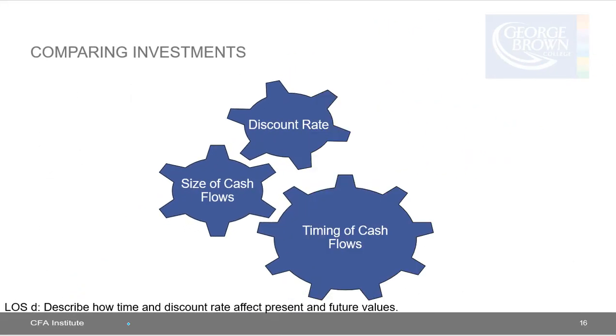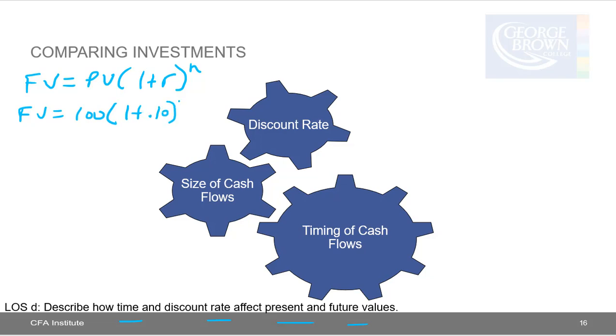So learning outcome statement D is describe how time and discount rate affect present and future values. Let's start with the future value in the example that we've been looking at. Future value equals the present value times (1 plus r), the interest rate, to the power of n. The example is having £100 and investing it at a rate of 10% for 2 years.